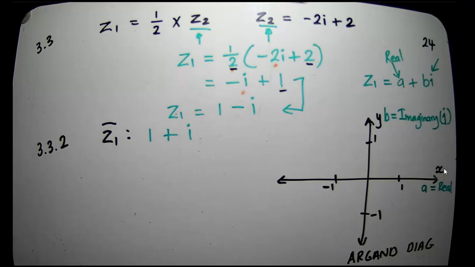The only thing to remember is that the a value is plotted on the x-axis, and the y value, which is the imaginary number, is plotted on the y-axis. Right, in other words, the y is the imaginary and the x is the real.